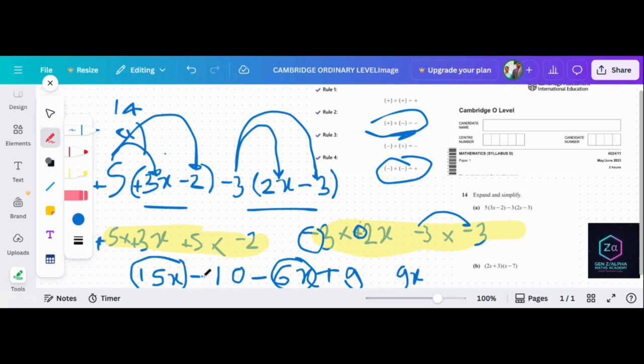Here we have minus 10 and plus 9. Minus 10 has the highest magnitude, so minus 10 plus 9 means minus 1. So 9x minus 1 is the answer for the first part of the 40th question, the 14th question, right? So 9x minus 1. Very easy.